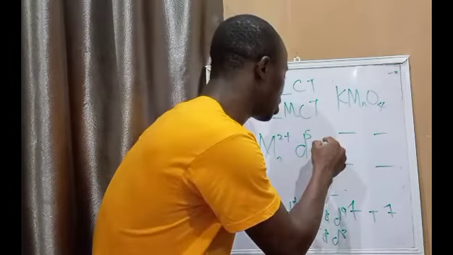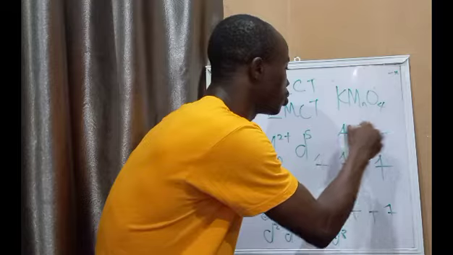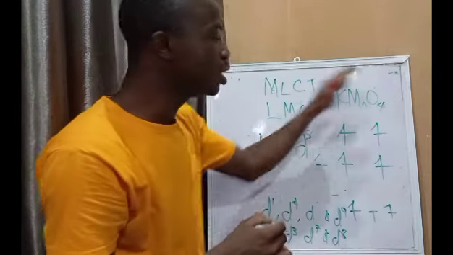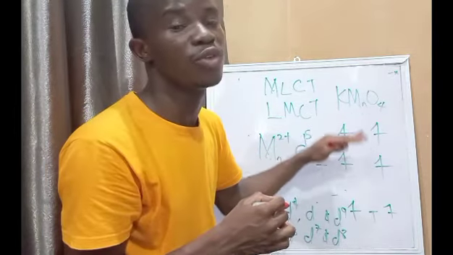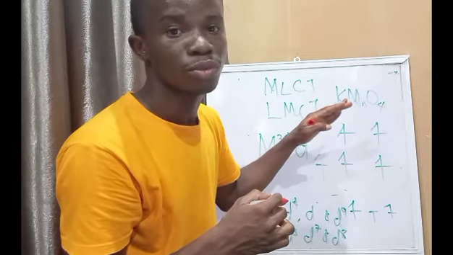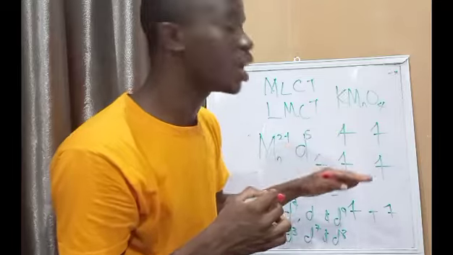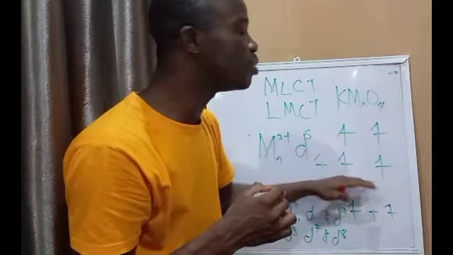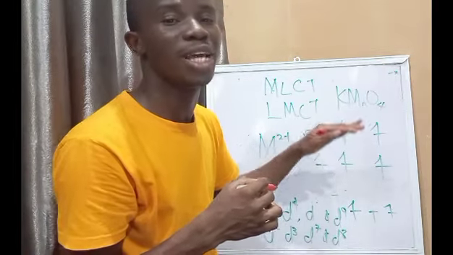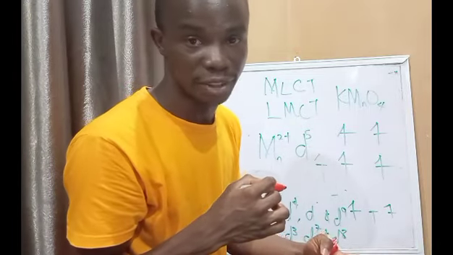So I'm going to have this particular arrangement: I'm going to have this, this, and this. This is what happens when you have a weak field ligand. But if it is a strong field ligand, this arrangement might not be possible. There may be what we call forced pairing.